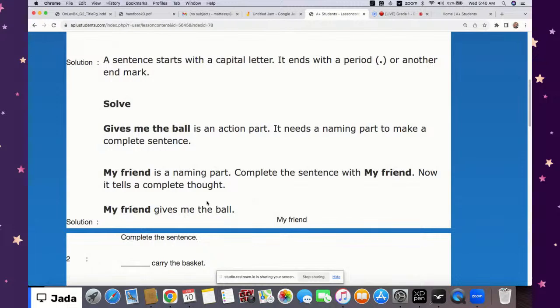Heaven's Best gives me the ball. Leo gives me the ball. It could be anything. So remember that the naming part is usually the name of a person. It could be he, it could be she, it, they. Okay, so these are the naming parts. And of course, the action part is the action. What's your question?